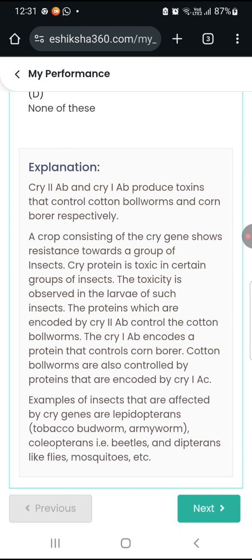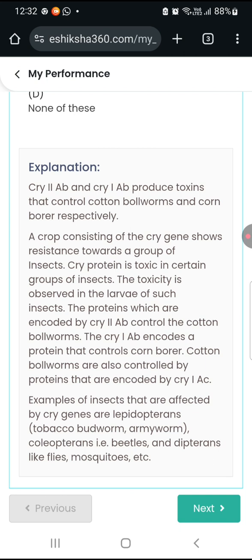The protein encoded by Cry2Ab controls the cotton bollworms. Cry1Ab encodes a protein that controls corn borer. Cotton bollworms are also controlled by proteins that are encoded by Cry1Ac.